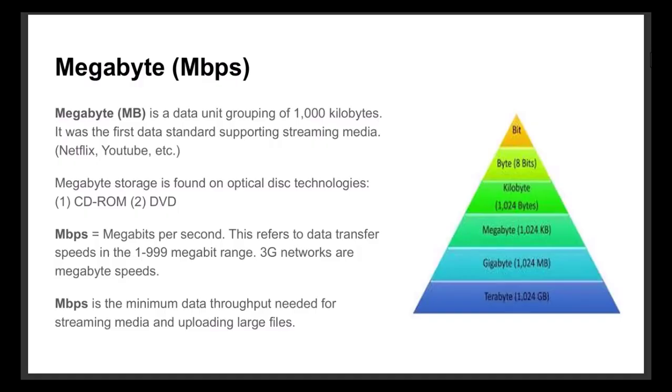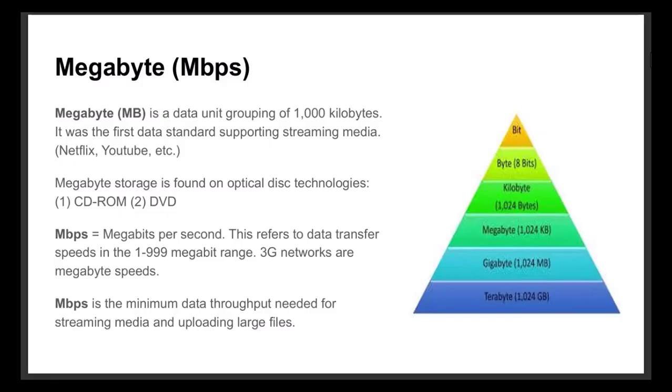Next, we have a megabyte. Megabytes are abbreviated as MB. A megabyte is a data unit of 1,000 kilobytes. So you should be seeing a pattern where as we go up each multiplier, it's going to be 1,000 units of the previous unit of measurement. 1 megabyte, as we said, equals 1,000 kilobytes.